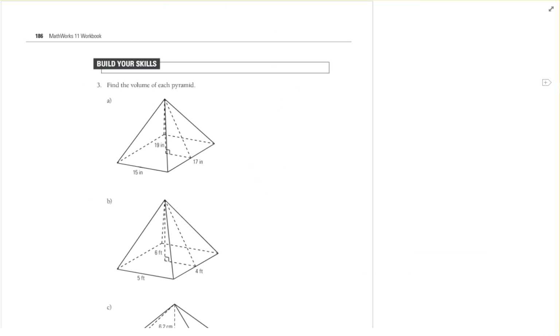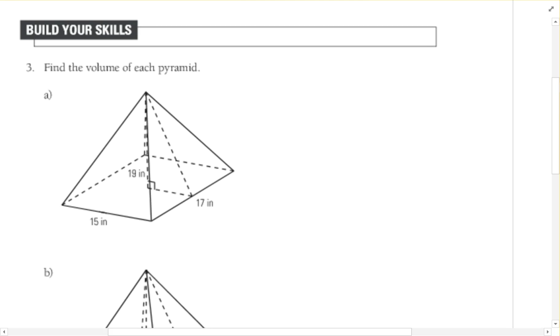I'm going to move on to number 3A. Okay, so the volume of this one is going to be equal to length times width times height. Oh yeah, and multiply by 1/3. If you wanted to, we can just go length times width times height. Multiplying by 1/3, that's the same thing as dividing by 3. So you could do whichever one you like there.